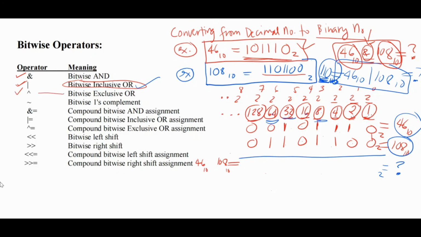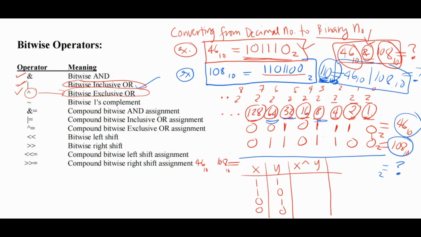Next, let's discuss the bitwise exclusive OR. This is the symbol for bitwise exclusive OR. What is the truth table of the bitwise exclusive OR? Say, for example, we have these two operands, x and y, where x is 1, 1, 0, 0 and y is 1, 0, 1, 0. The bitwise exclusive OR, x exclusive OR y, would result to 1 if the two operands are different.